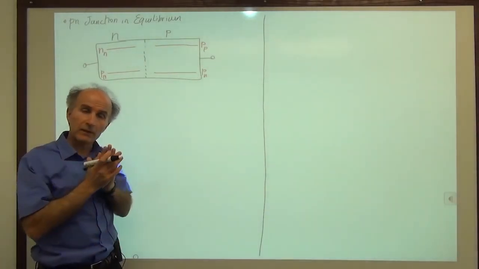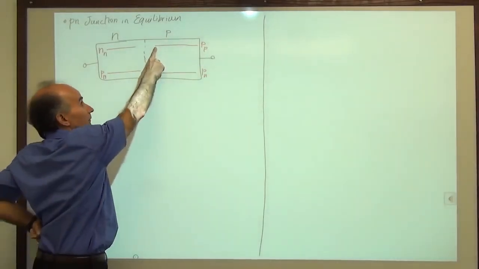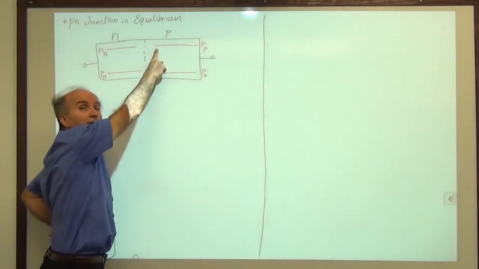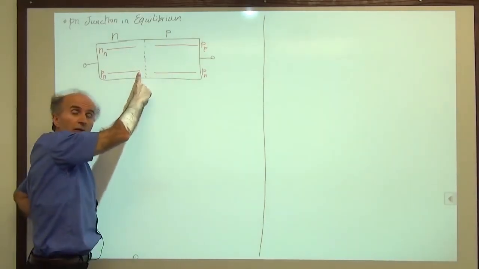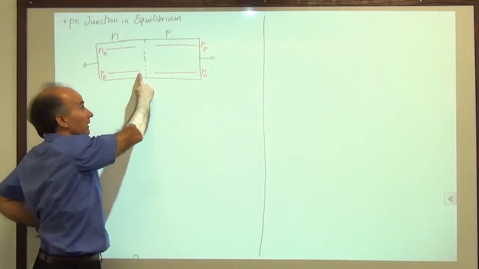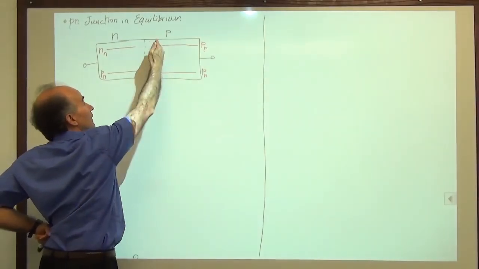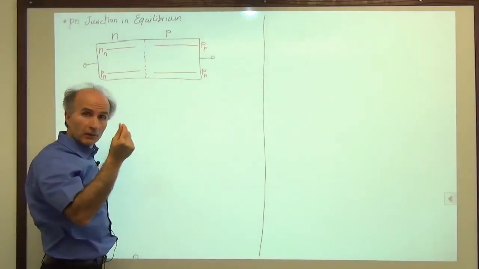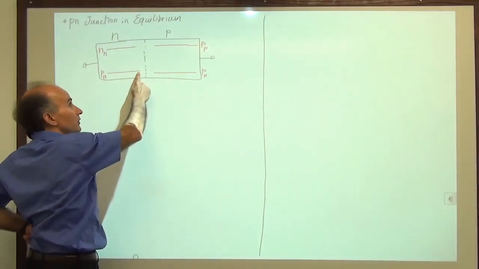Now, when they come together, something interesting happens. If you look here, we have lots of holes. We have a high concentration of holes on the right. We have a low concentration of holes on the left. So what should happen? We should have diffusion, because that's how conditions for diffusion are provided. We have a high concentration of some particular particle and some low concentration of the same particle.